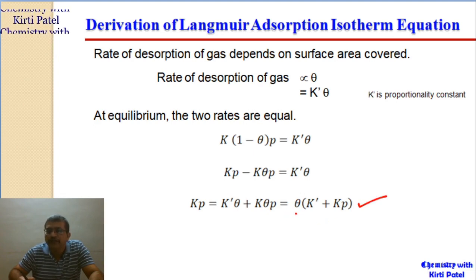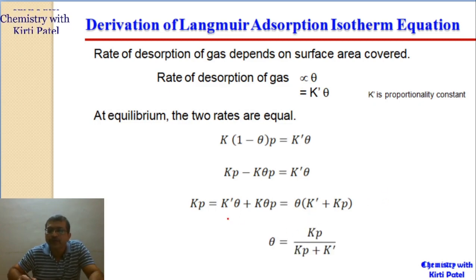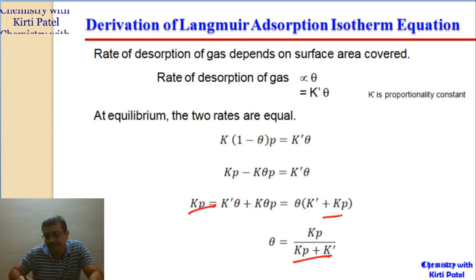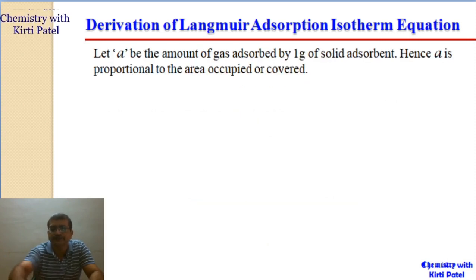From this, if we take this theta and transfer the rest to the other side, we will get theta is equal to KP upon KP plus K dash. So this goes to the denominator, so we will get theta is equal to K into P upon K into P plus K dash. So from here we can easily find out how much surface area is covered. Here P is the pressure, and K and K dash are two proportionality constants.